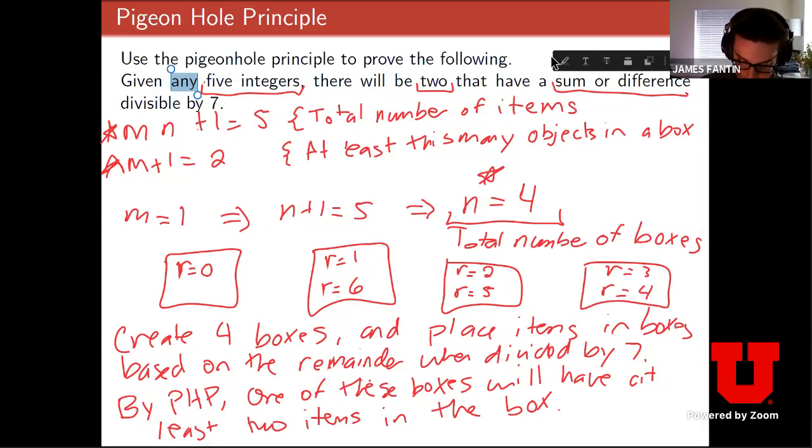So let's go ahead and start. Does anybody have any questions on the setup for this problem before we start going through the cases? No? Awesome.